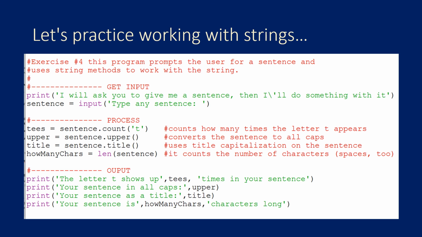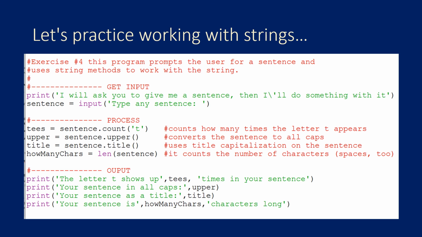So 4 output statements because we're finding out 4 different things. The letter T shows up, comma, T's is the name of the variable that holds how many times the letter T shows up, and then types in your sentence. So watch for the details of the syntax of that statement. Something similar for the capitalization version: your sentence in all caps, comma, upper, the name of the variable that holds the uppercase version of the sentence.